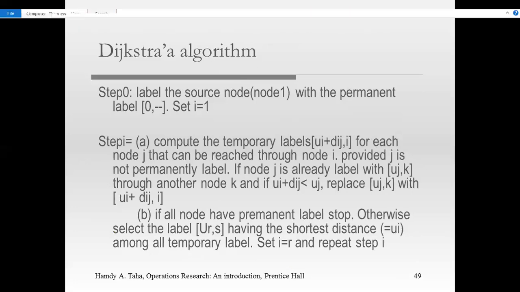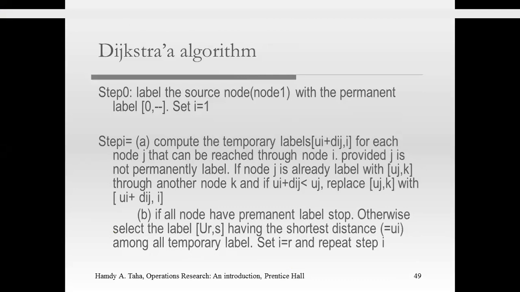Dijkstra algorithm. Yeah. Here the step 0 is label the source node, node 1 with the permanent label. Yeah, you can refer to that. And then step I, compute the temporary label ui plus dij, for each node J that can be reached through node I, provided J is not permanently labeled.